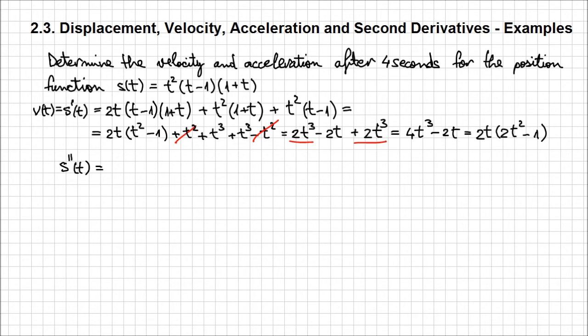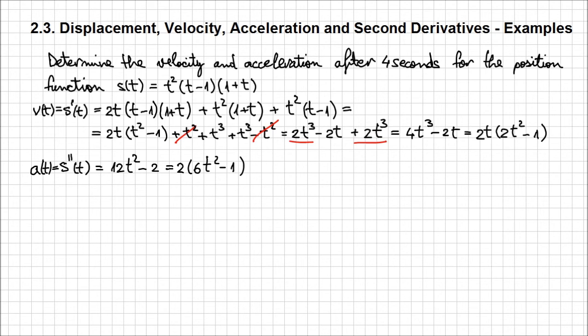So it's going to be 4 times 3, which is 12, t to the power 3 minus 1, t squared, minus the derivative of 2t, which is 2. And here again we can factor out 2 times 6t squared minus 1. And we know that the second derivative is nothing else than the acceleration, a of t, right? So we determined both velocity and acceleration.